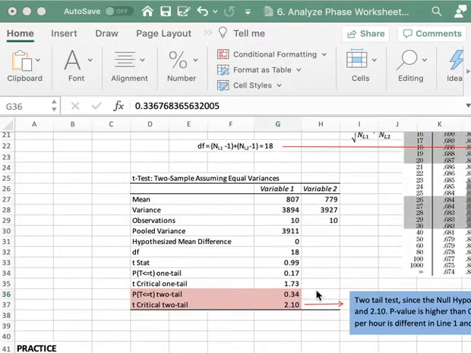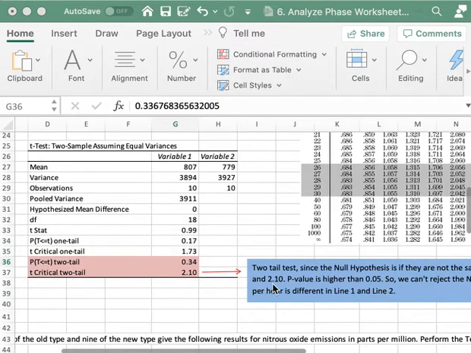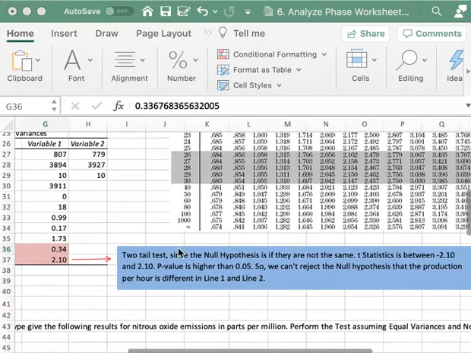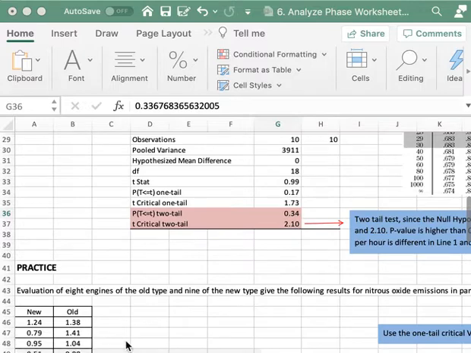So it's not less than 0.05, so we cannot reject the null hypothesis. Okay? Again, remember the critical value here, if the t-statistic is within minus 2.1 and 2.1, it means that I cannot reject the null. Okay?